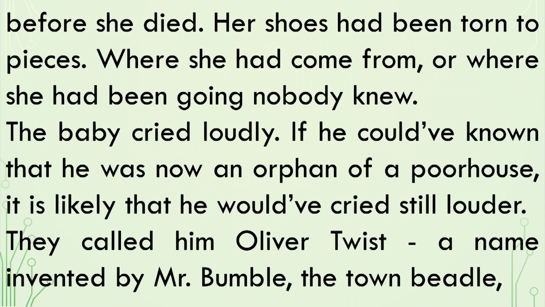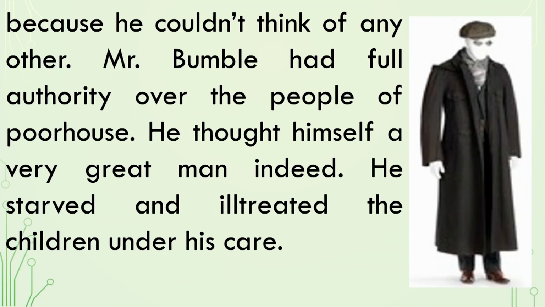The baby cried loudly. If he could have known that he was now an orphan of a poor house, it is likely that he would have cried still louder. They called him Oliver Twist, a name invented by Mr. Bumble, the town beadle, because he could not think of any other. Mr. Bumble had full authority over the poor house. He thought himself a very great man indeed.